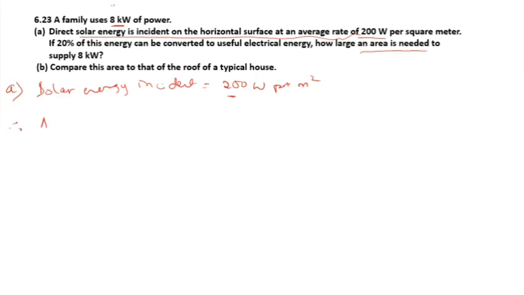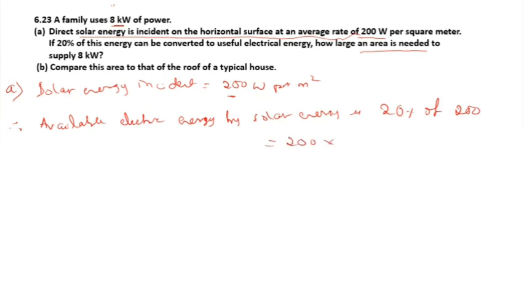Therefore the available electric energy by solar energy is 20% of 200. We write it as 200 into 20 divided by 100, so it is 40 watt. This is the electric energy per meter square of surface.